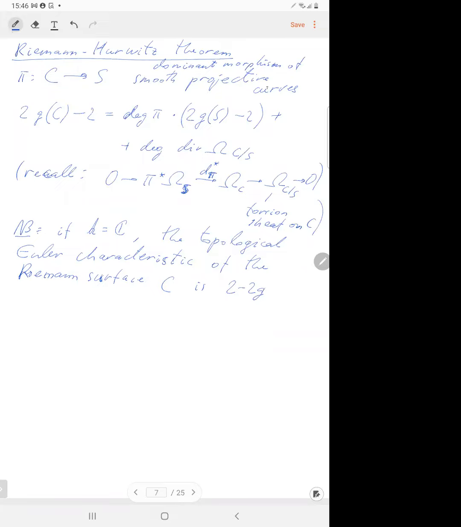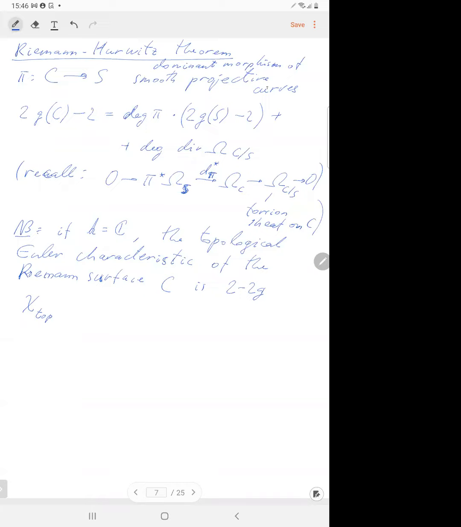Okay, and so the Riemann-Hurwitz theorem says that the Euler characteristic of, well, maybe let me write it this way: the topological Euler characteristic, not to get confused with the Euler characteristic of coherent sheaves we had before.